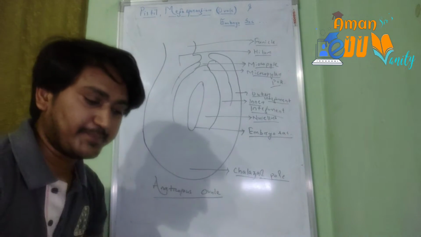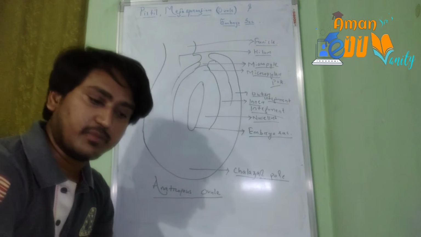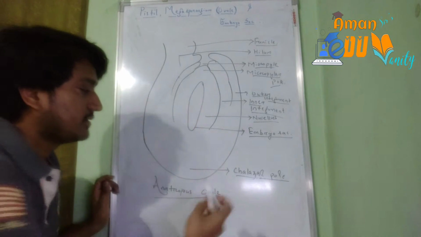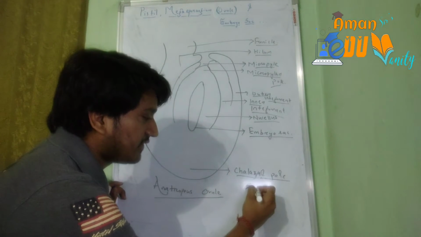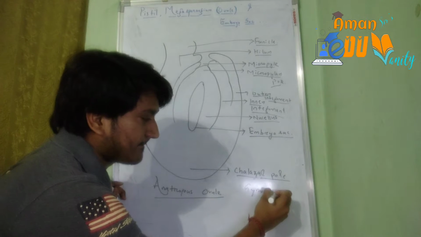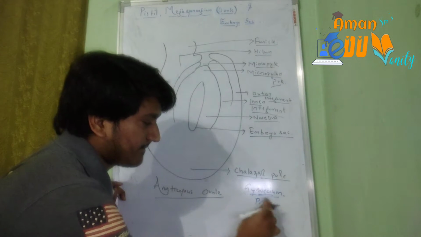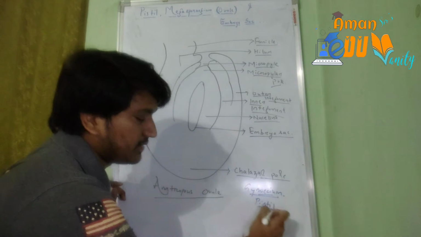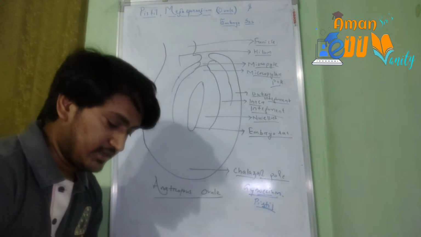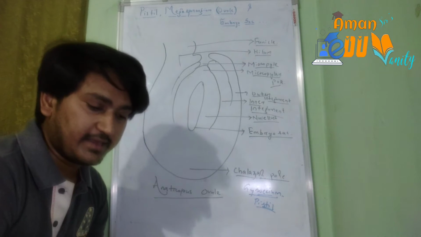So let's begin. The gynoecium, or the female reproductive part, consists of the pistil. The pistil has three parts: the stigma, style, and the ovary.